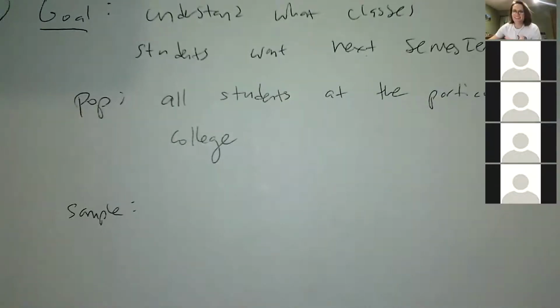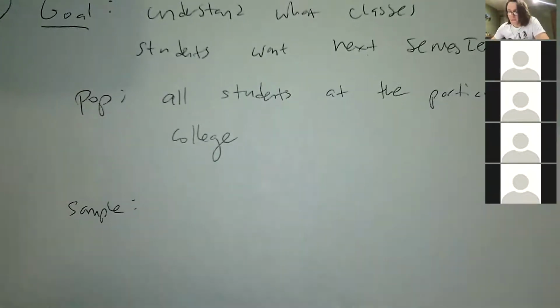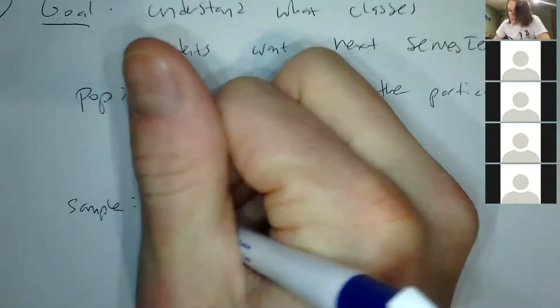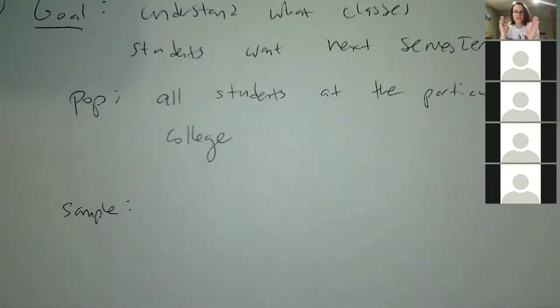So my sample, there's no right or wrong answer for this either. Any subset of the student population would be fine. So maybe we'll just walk around campus randomly. Or you have a couple options, right? Earlier in this unit, we talked about one method where you would take a list of all the classes, select random classes from that list, and then poll every student in those classes.